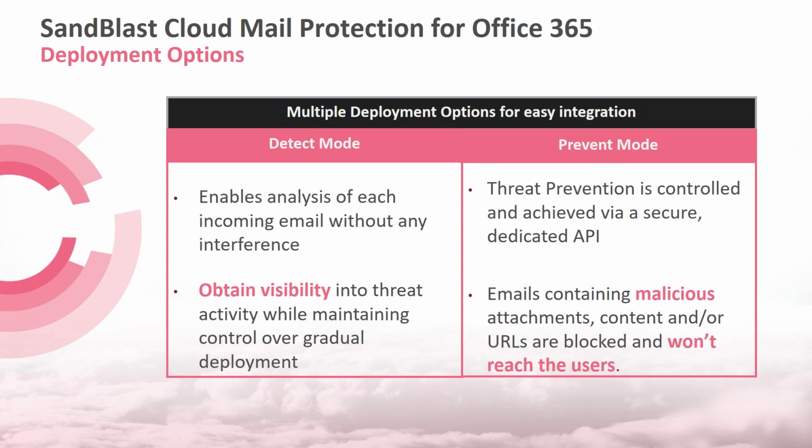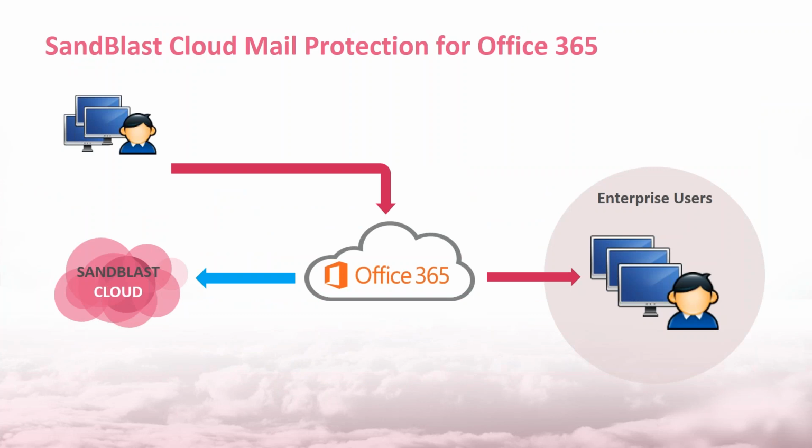However, in prevent mode, again, using that same API, what we can do is guarantee that there won't be any malicious files getting to that user, because we're checking, as we've discussed, the message, the body, the subject, the attachment. We're checking all of those elements and making sure that nothing bad will get to the user with just a small delay.